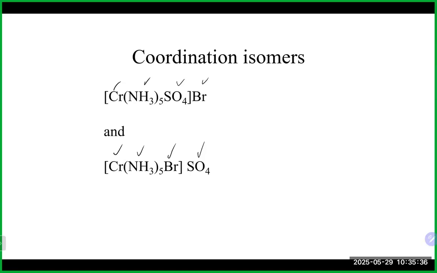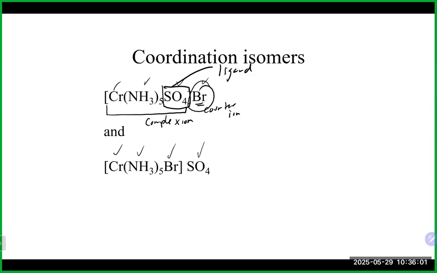The difference, though, is that in the top one, this is our complex ion, and this is the counter ion. In the top one, the sulfate is actually a ligand, attached to the chromium, part of the complex ion. The Br here, the bromide, is just there to balance out the overall charge.